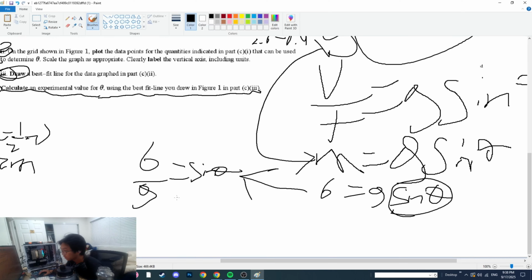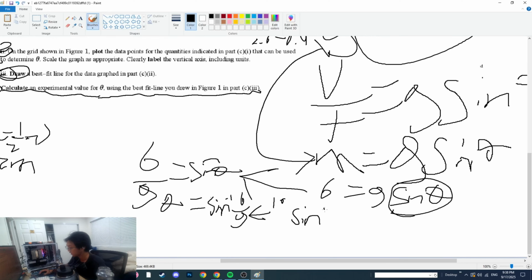And then we need to get the inverse sine of this, so we'll put theta equals inverse sine of 6 divided by g, and g equals gravity, so we could substitute 10 in there. So theta equals sine inverse of 6 divided by 10.